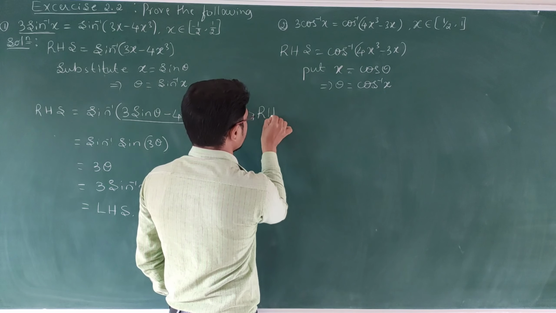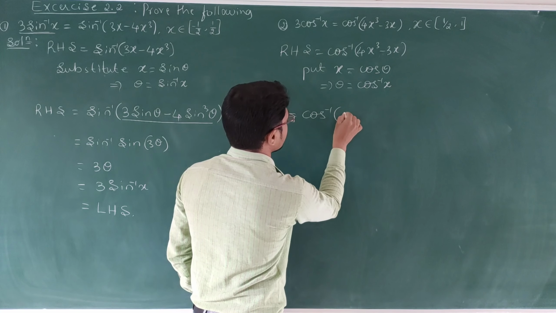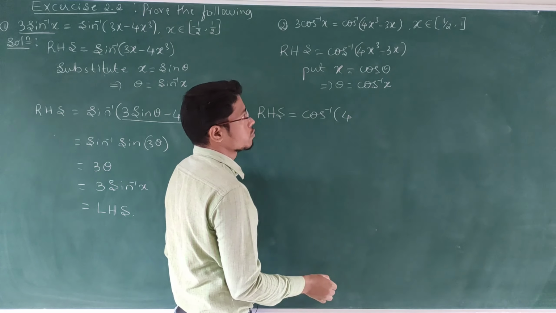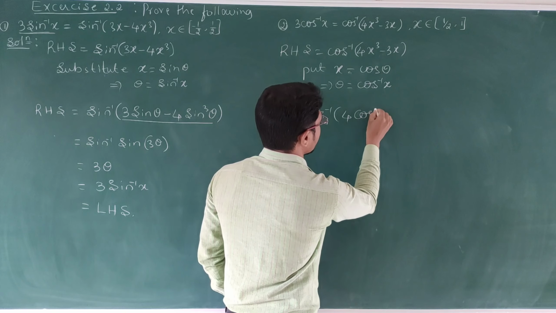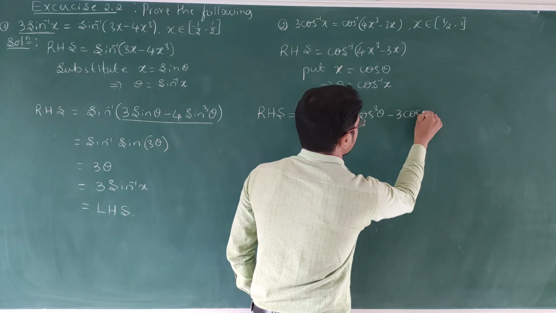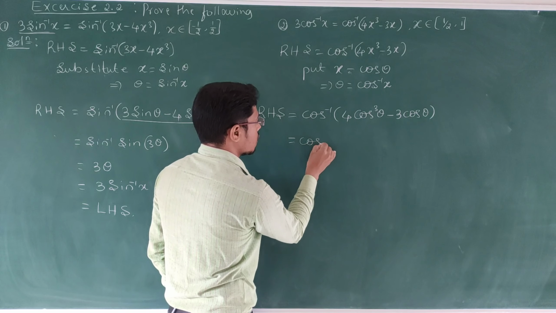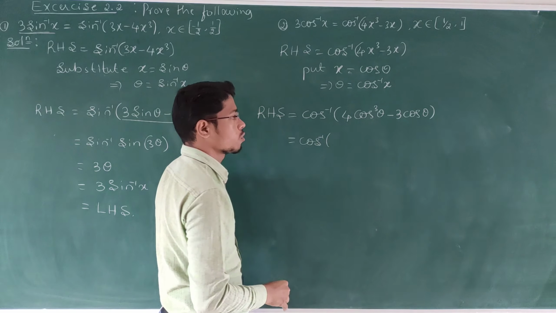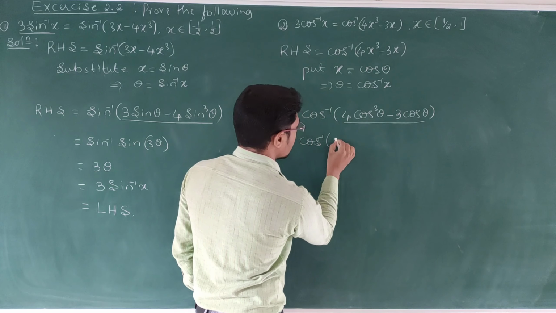So the RHS is equal to cos inverse of 4 cos cube theta minus 3 cos theta, which means cos 3 theta.